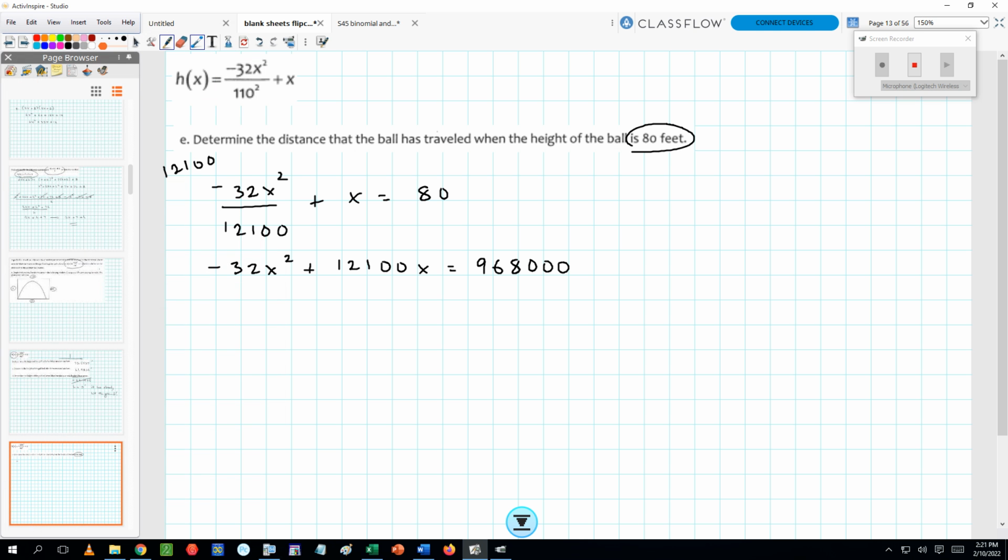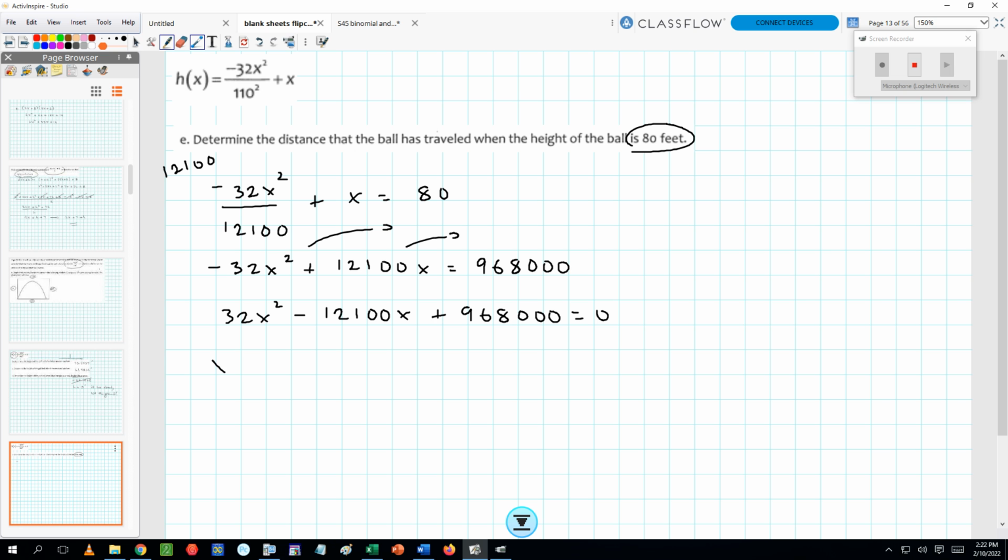I'm going to take these two numbers over there so that I can get a positive a value, and I'm going to switch everything around. So I'll get a positive 32x squared, a negative 12,100x, and the 96.8 number was already there. Don't change its sign.